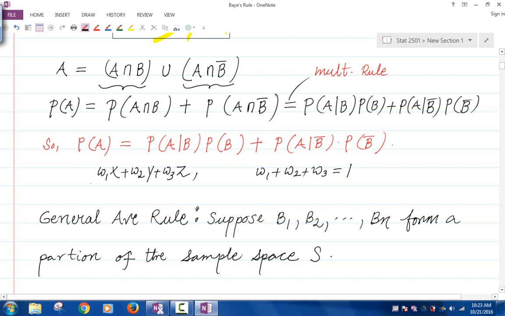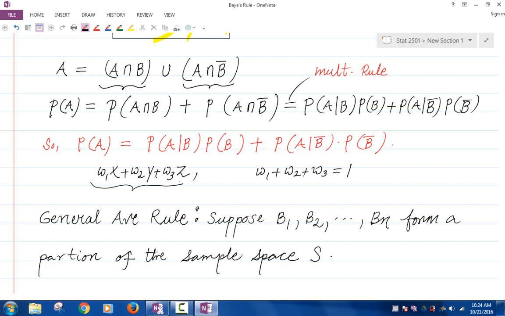Then this is the weighted average of X, Y, and Z. If W1, W2, W3 sum up to 1, then W1x plus W2y plus W3z is the weighted average of x, y, and z.